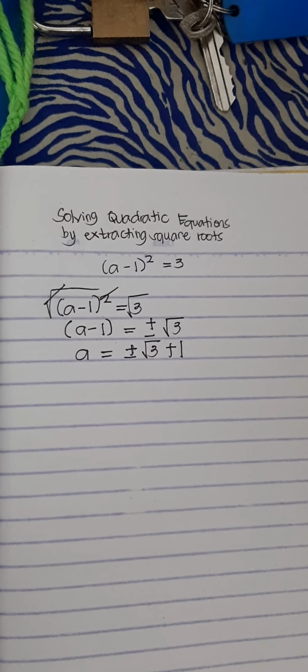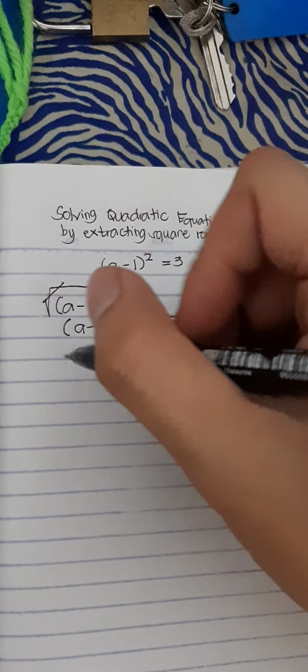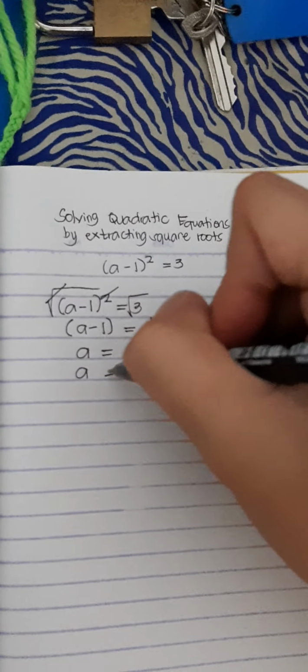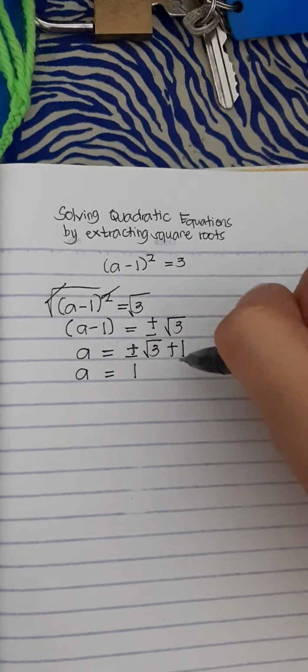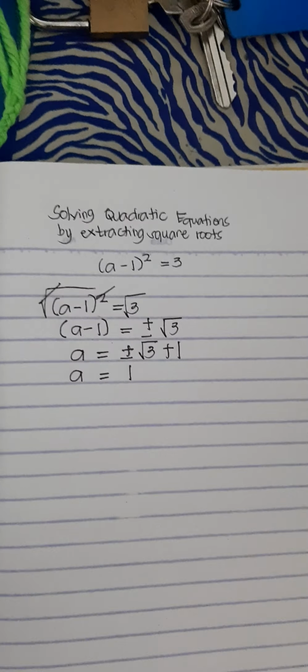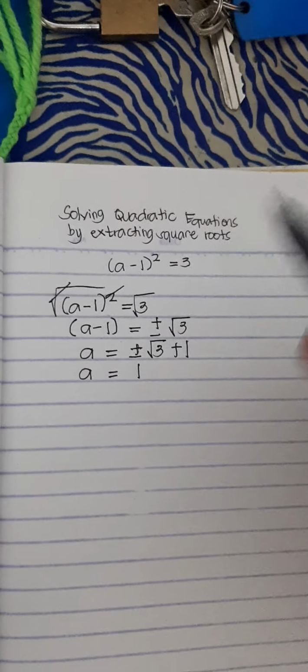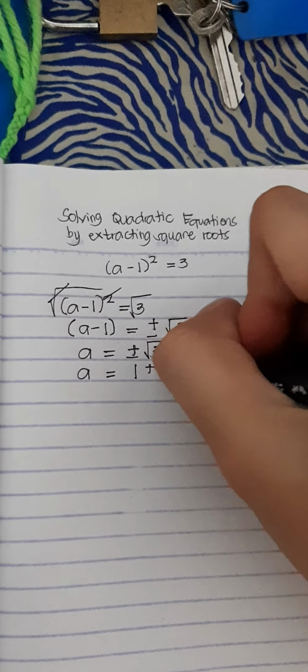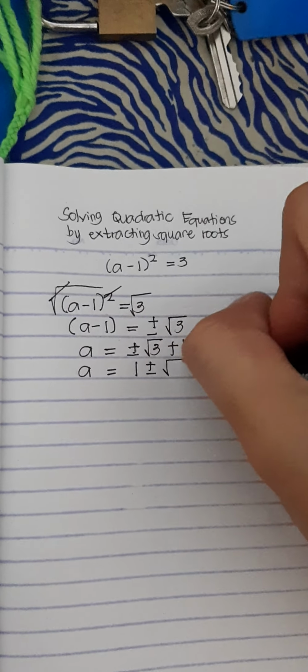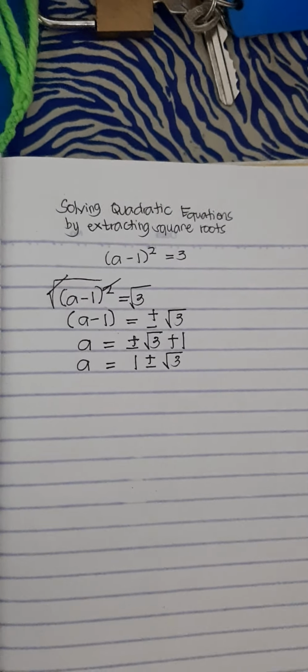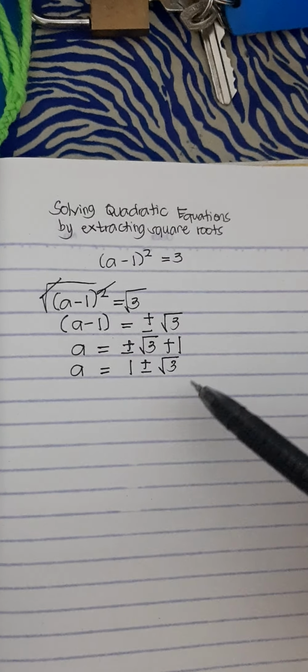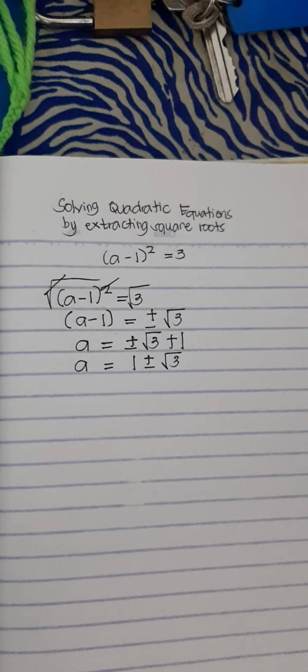Or we can write this in another way. So we have a that is equal to 1, we will just rearrange the side of this equation, 1 plus and minus square root of 3. Or if you want to separate the values of a, you can make use of it.